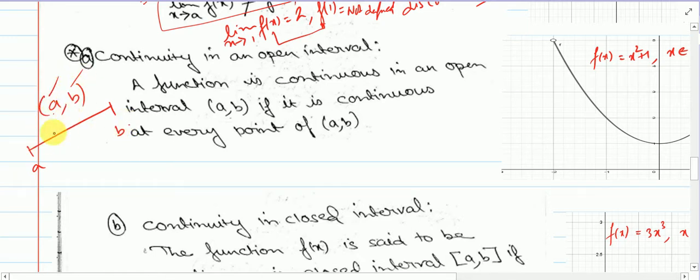A and b are excluded, the rest are all included. It means if I write (1, 3), then on the real line, this is 1, this is 3, and this means all the points except 1 and 3. This means open interval.